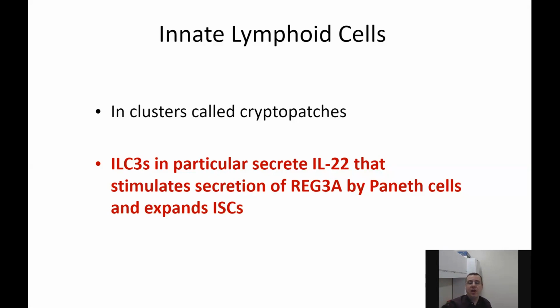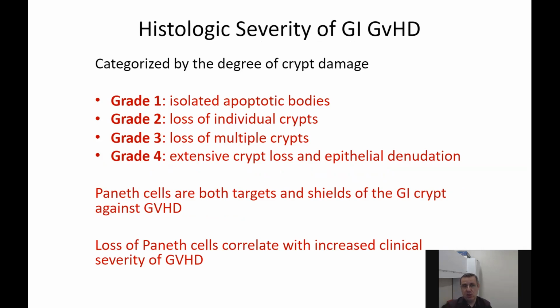Also in the crypts, we have innate lymphoid cells, which are in clusters called cryopatches. And these ILCs secrete IL-22, which in turn stimulates secretion of reg3A by the Paneth cells and helps expand the intestinal stem cells, which is important when the intestinal mucosa gets damaged, such as in situations like acute GVHD.